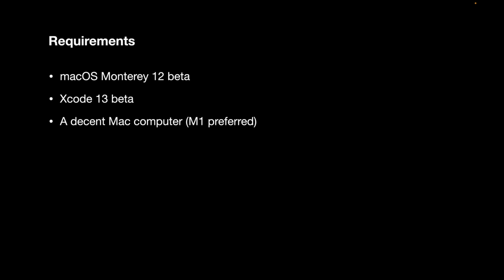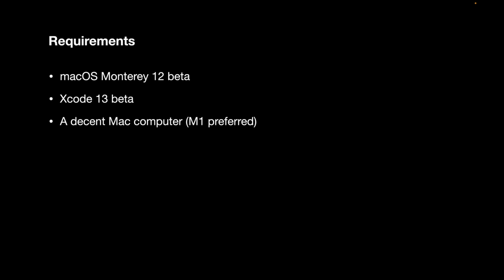First of all, requirements. You need macOS Monterey 12 beta. You need this operating system to use the RealityKit and the tools that I'm gonna show you later. I don't think you can use it with the current version of macOS, so you definitely need the beta.